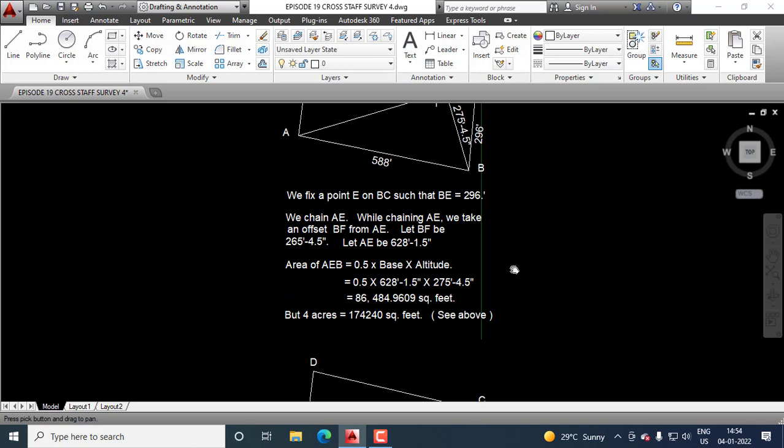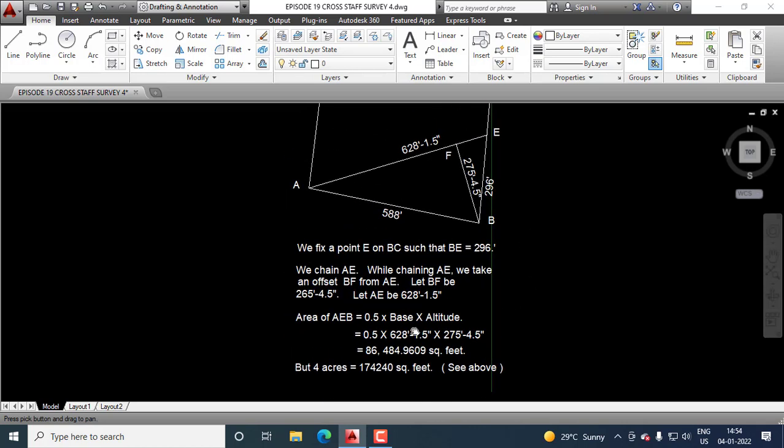Area of AEB is 0.5 into base into altitude, that is 0.5 into 628 feet 1.5 inches into 275 feet 4.5 inches. After simplification, we get 86,484.9609 square feet.